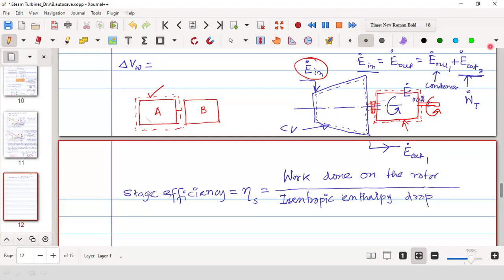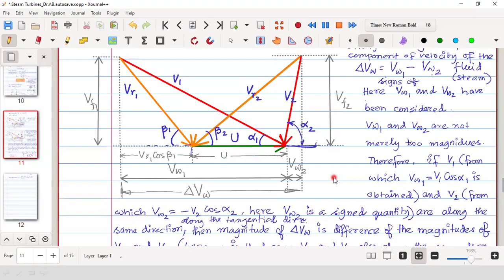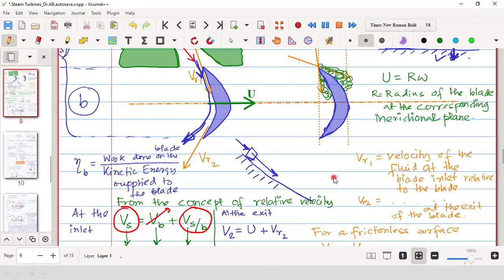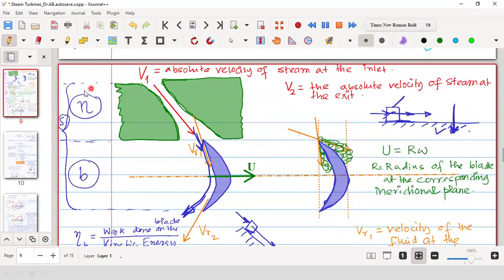Okay, so let us re-look into that. Here you see that this is the whole stage. Now here the work is available from the rotation of the blade. So work done on the blade by the steam. So that is the mechanical power that is developed.